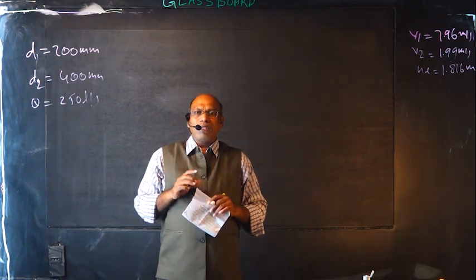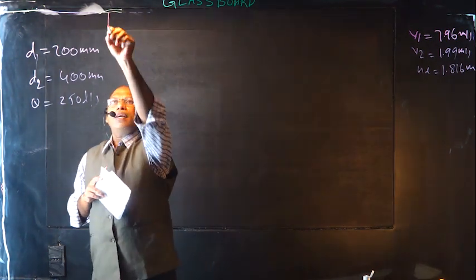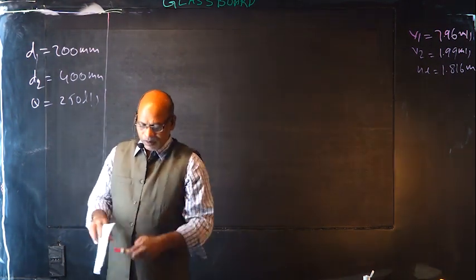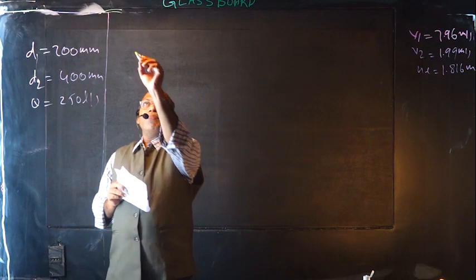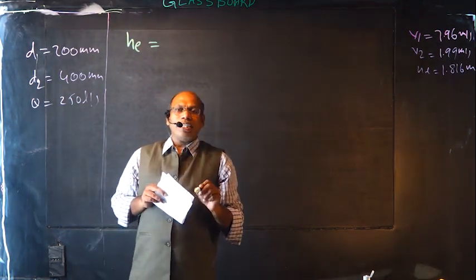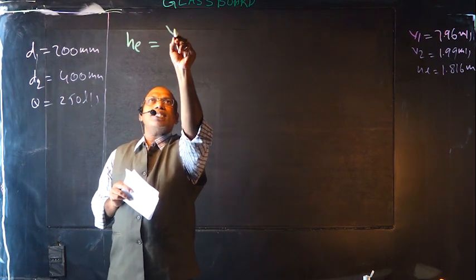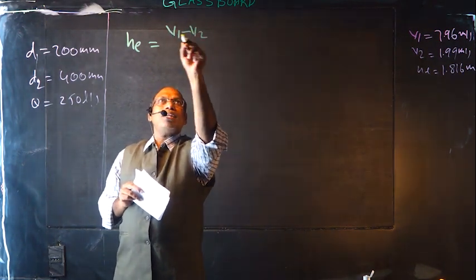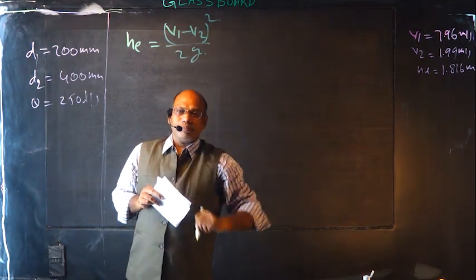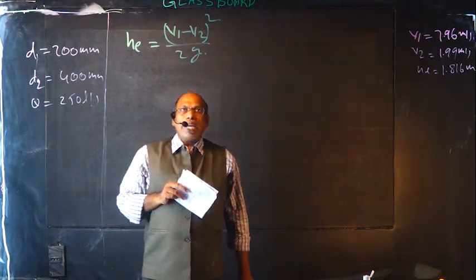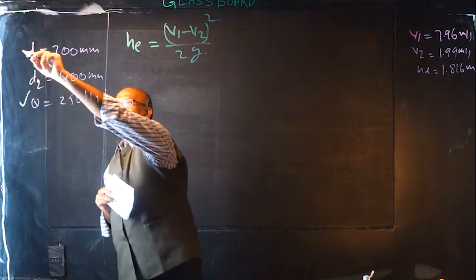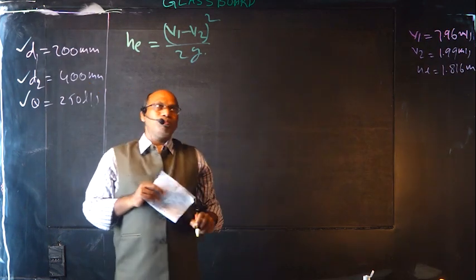Head loss due to enlargement, HE equal to, I have already derived one formula, that is V1 minus V2 whole square divided by 2g. In this problem they have given discharge 250 liters per second, diameter D1 and diameter D2.